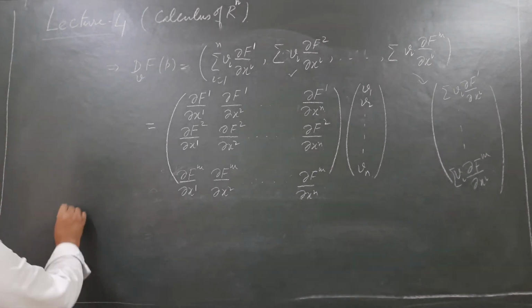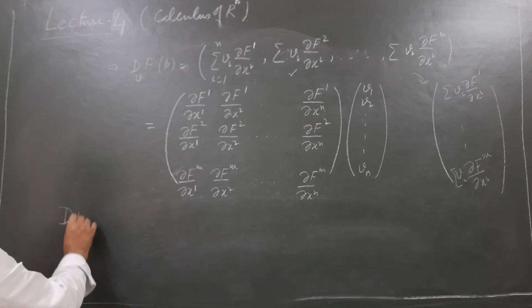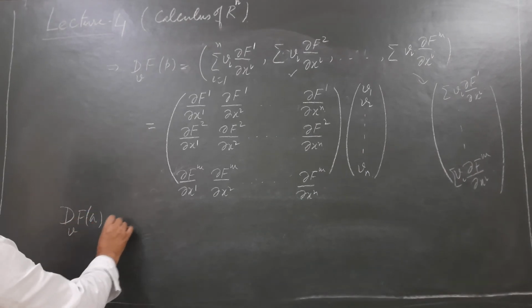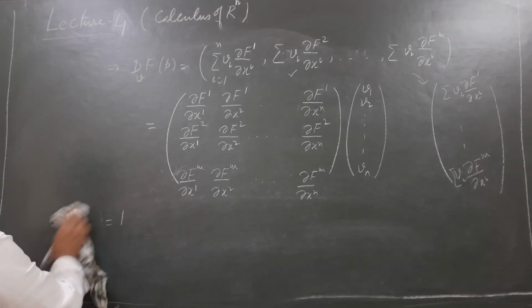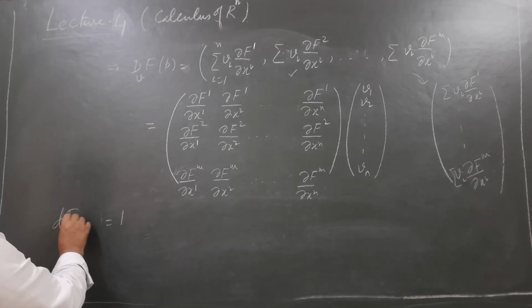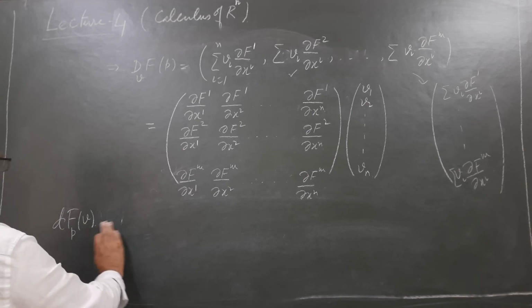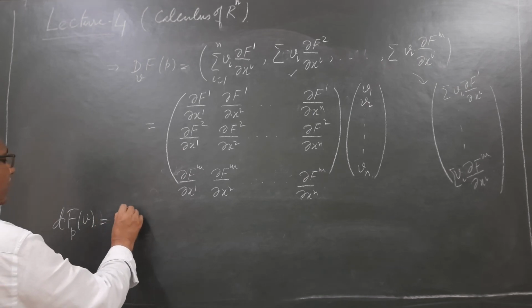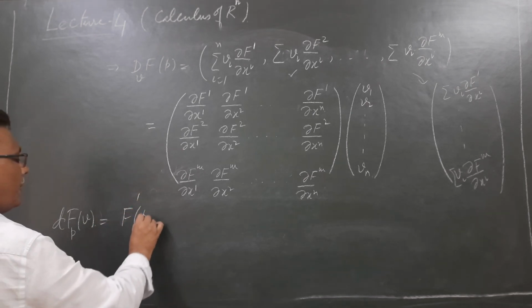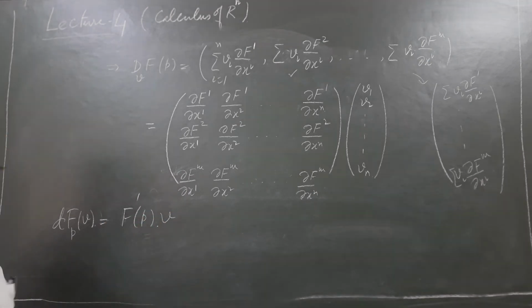If you remember, dvfp, that is dfp of v, is also equal to f dash p into v.